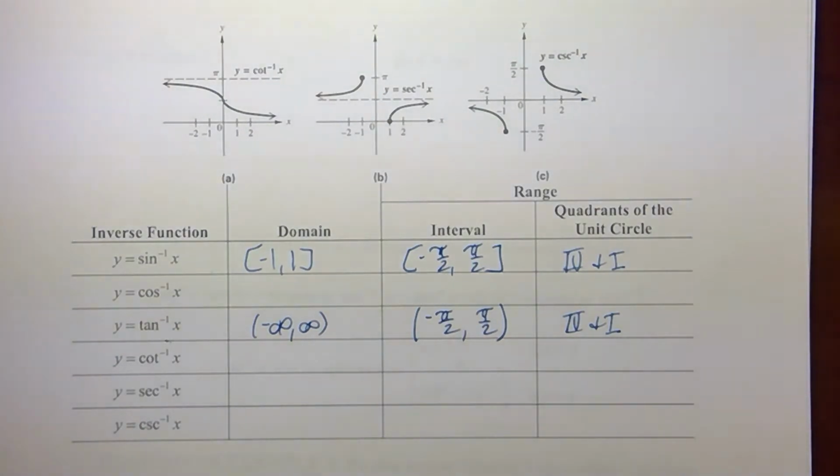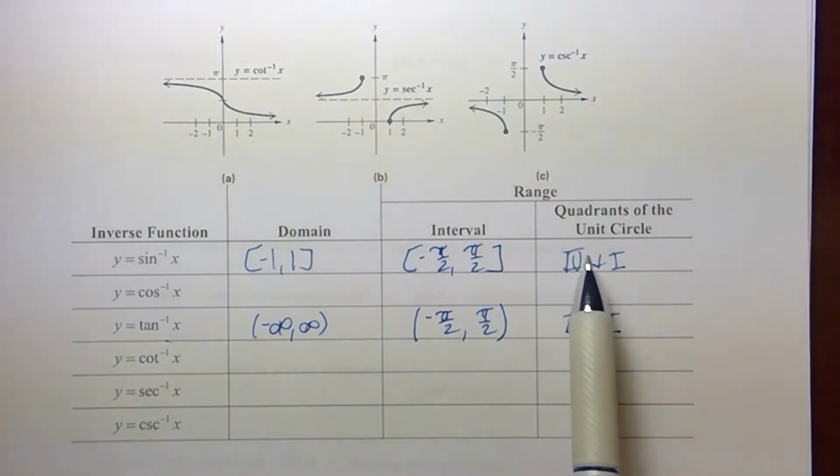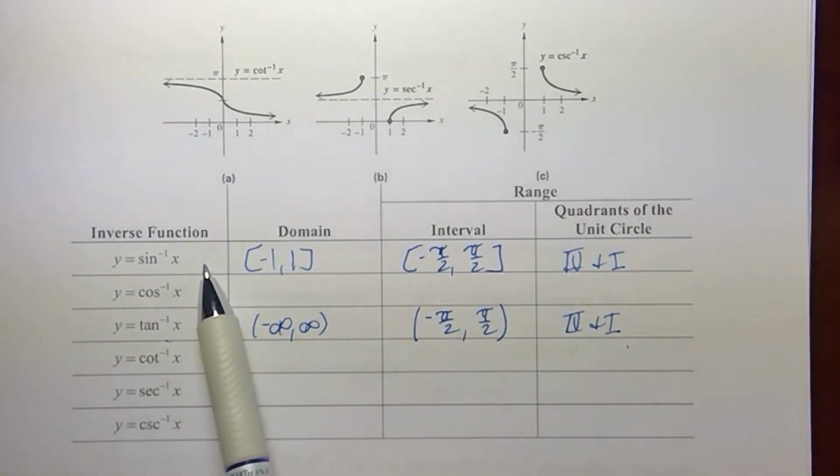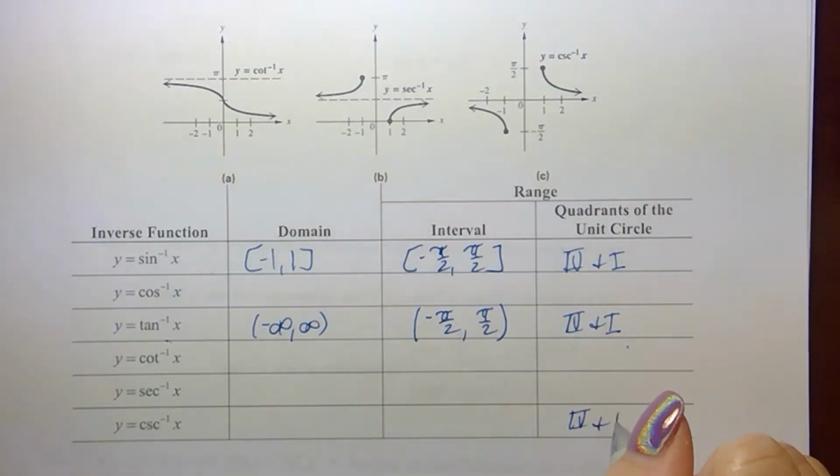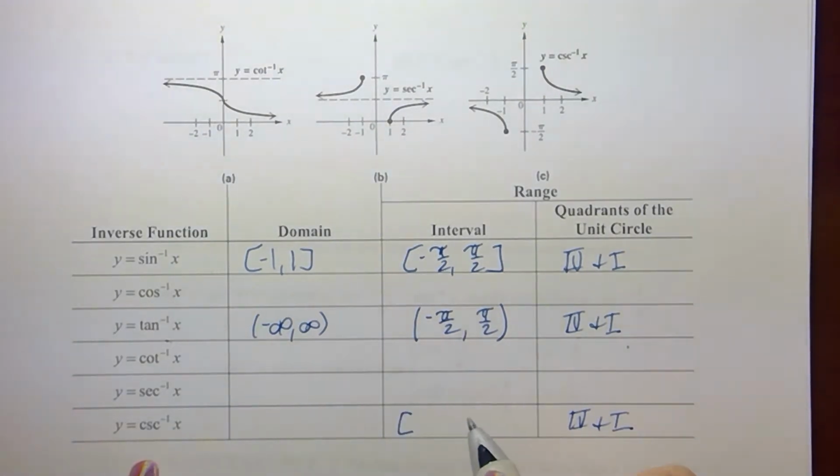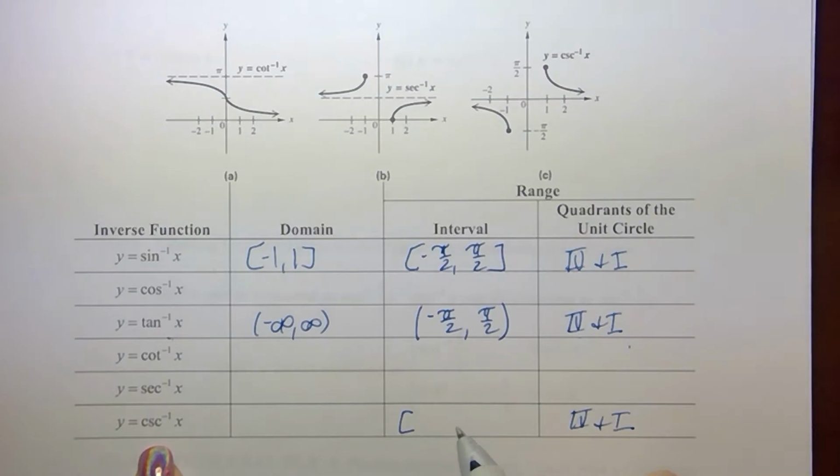We have one more inverse function that's restricted to quadrants 4 and 1. Sine inverse, tangent inverse, and then my reciprocal of sine inverse, cosecant inverse, is also restricted to quadrants 4 and 1. For cosecant, where's cosecant undefined? Well, it's undefined at 0.